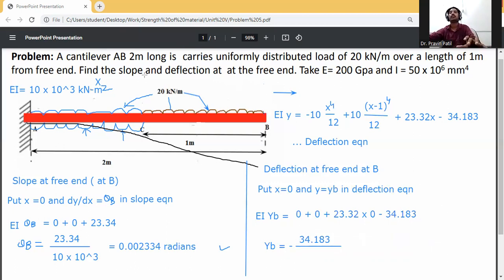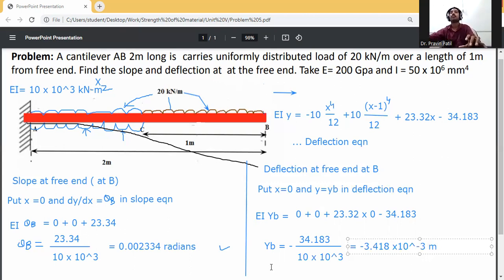EI is 10 into 10 raised to power 3. 34.183 divided by 10 into 10 raised to power 3 will be minus 3.418 into 10 raised to power minus 3 in meter.